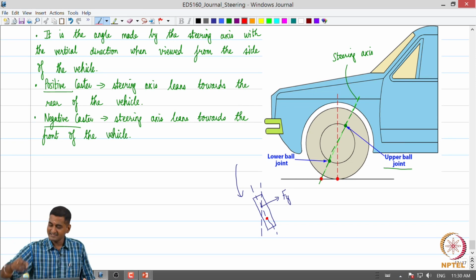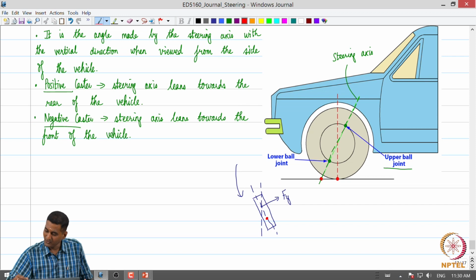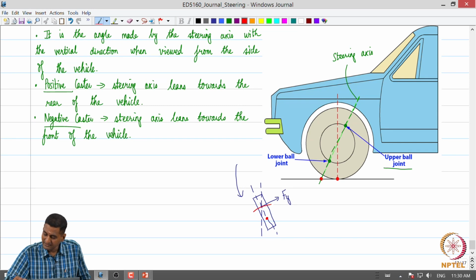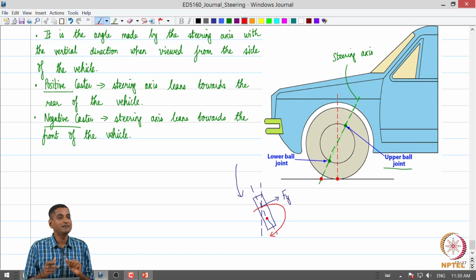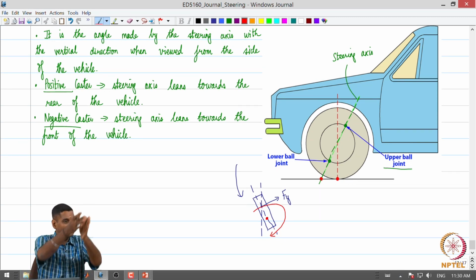Now, with the steering axis hitting the ground at this point, when this lateral force is generated at the tire road interface, there is going to be a moment of this lateral force about this steering axis, is it not? And what will this moment try to do? It will try to align the tire back to the longitudinal axis of the vehicle.